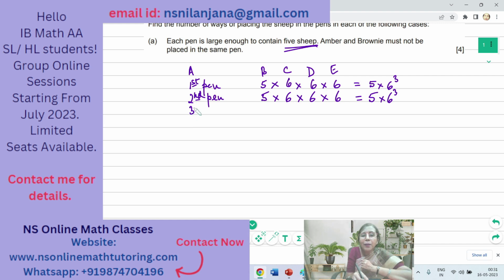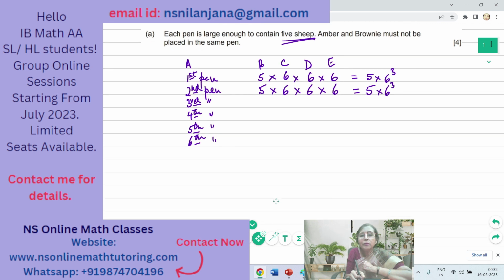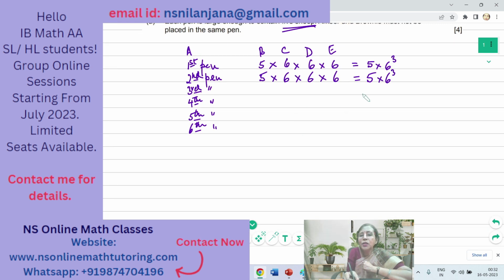Amber can be placed in the first pen, the second pen, the third pen, the fourth pen, the fifth pen, or the sixth pen. The arrangements will be the same, 5 times 6 to the power of 3.